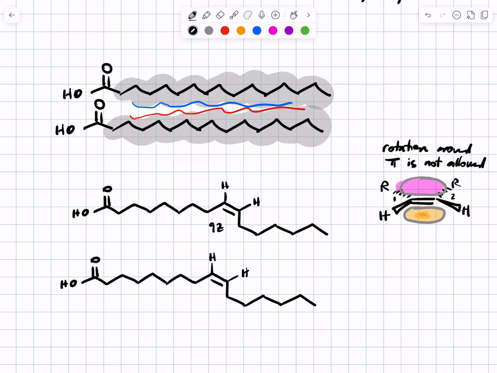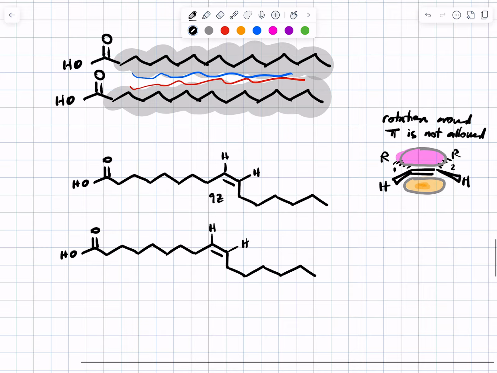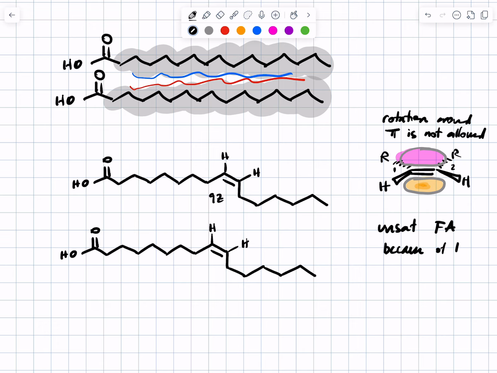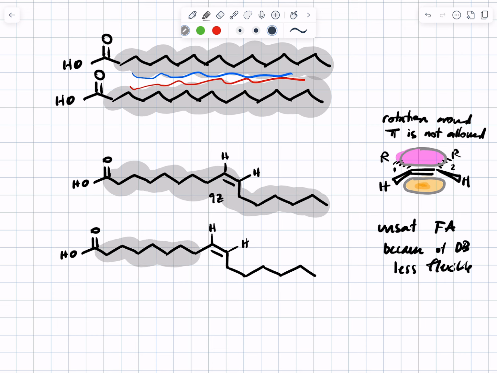Okay, so the first thing you need to understand about the unsaturated fatty acids is that because of the double bond, they are less flexible. And that means that their surfaces can't adjust their shapes to become as mutually complementary as the molecule above.